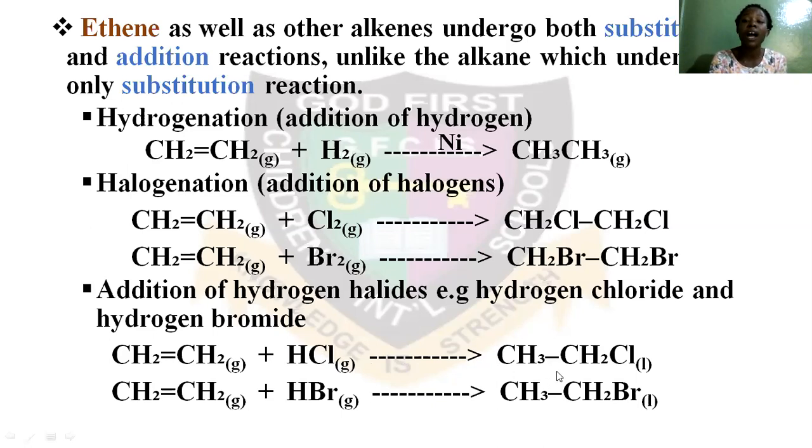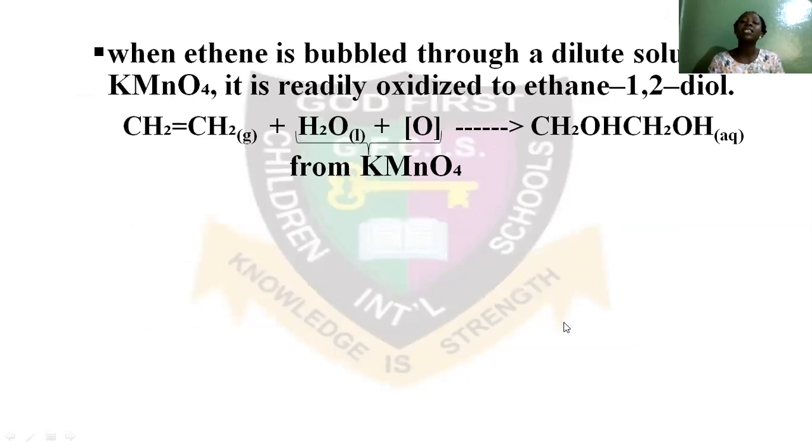You see, you have chloroethane, and addition of hydrogen bromide, you have bromoethane. That's bromoethane, and this is chloroethane. So that's the product.